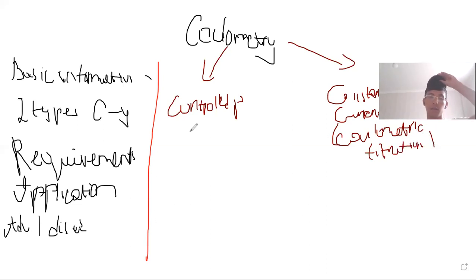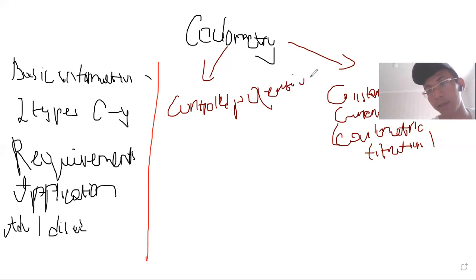Okay, controlled potential. I'm sorry guys, I'm pretty bad at writing. So we divide into two groups.